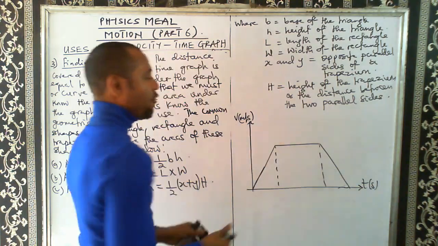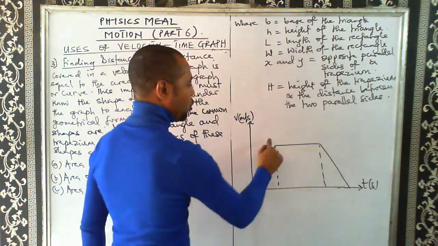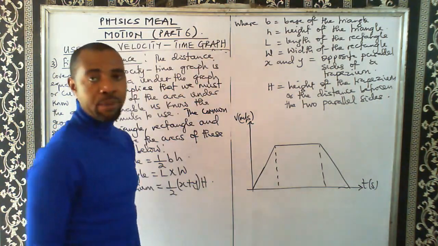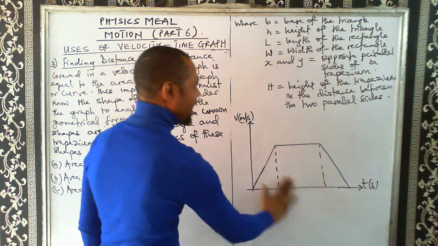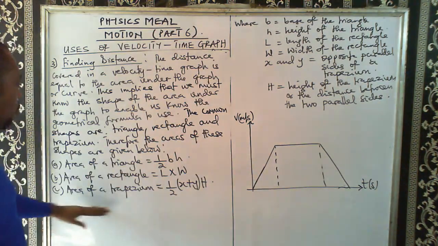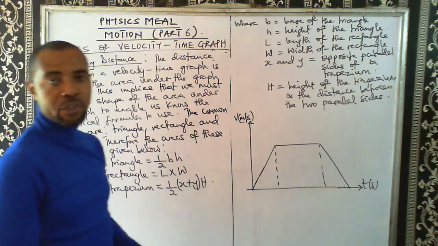Now if someone says find the total distance covered, that's the total area, and you know this shape is what? A trapezium. So I will use the formula for the area of a trapezium to find the total distance covered.